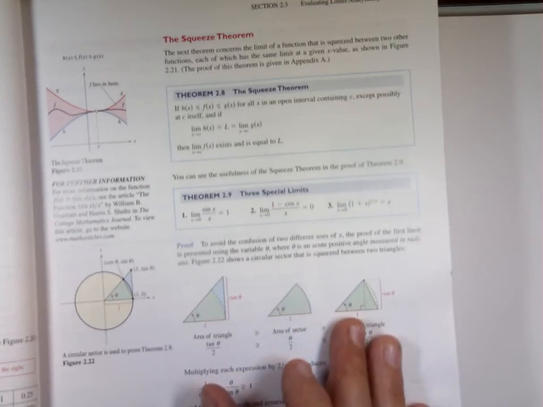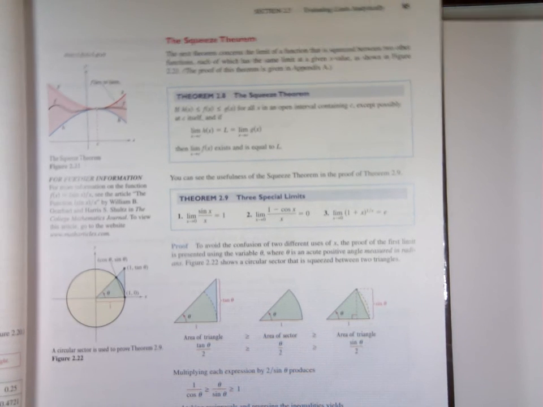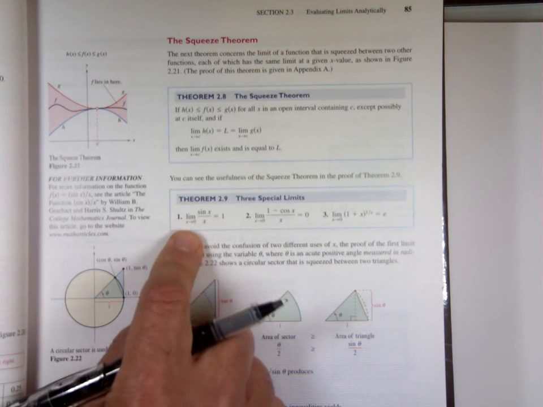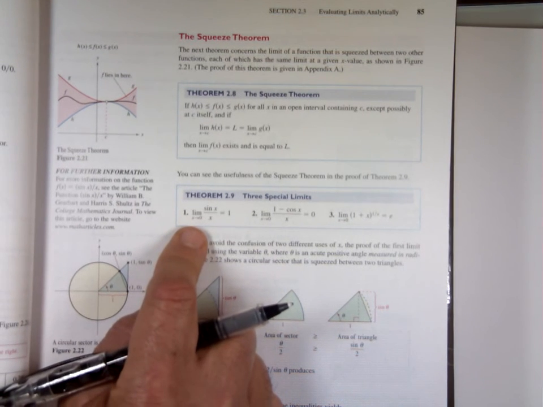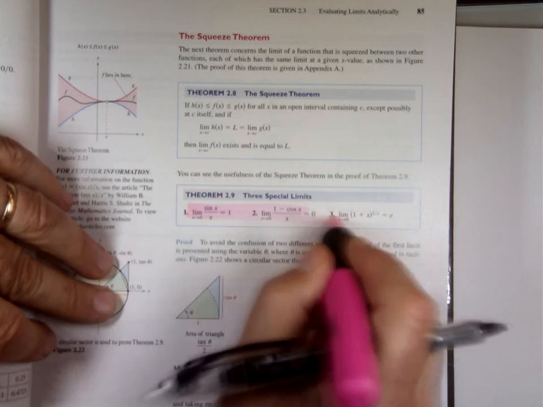Those are the 3 special cases. Every calc book has these in it. I think I have a highlighter here, a pink highlighter. I can highlight them in case you can't see them. But those are the special cases.